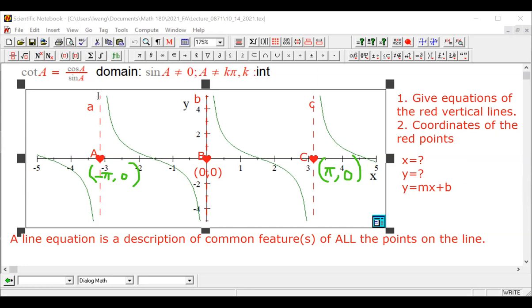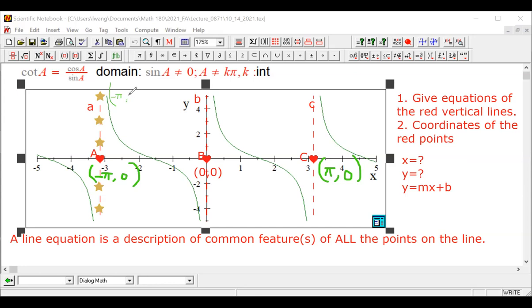Take the vertical line a, for example. If I mark a few points on this vertical line, what do all these points have in common? Their x coordinate is negative pi.